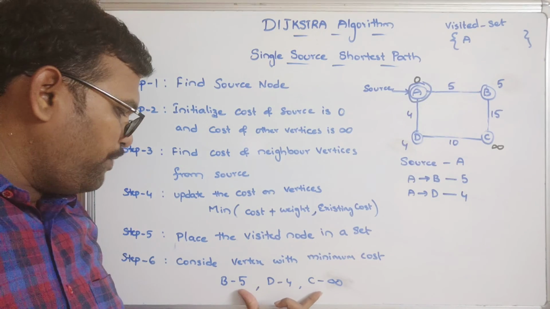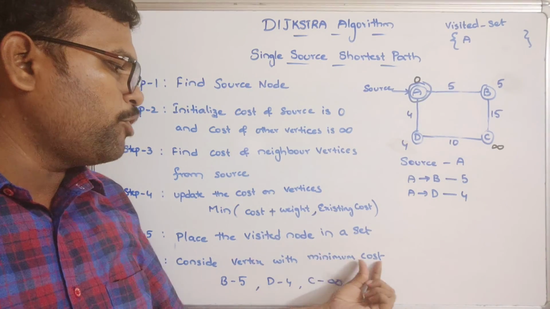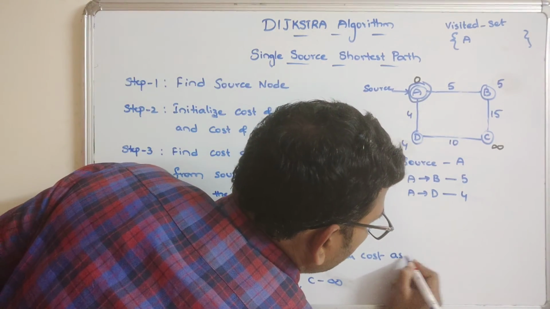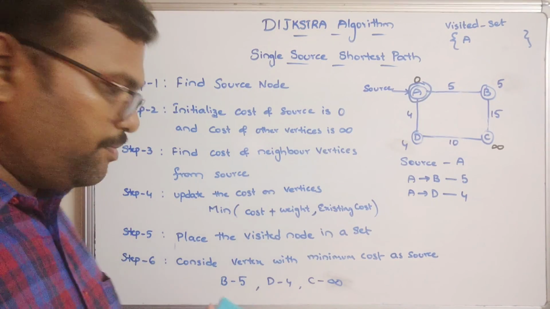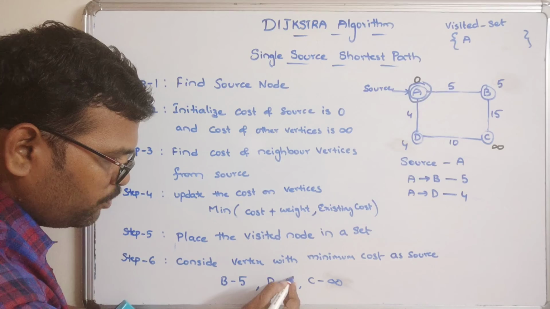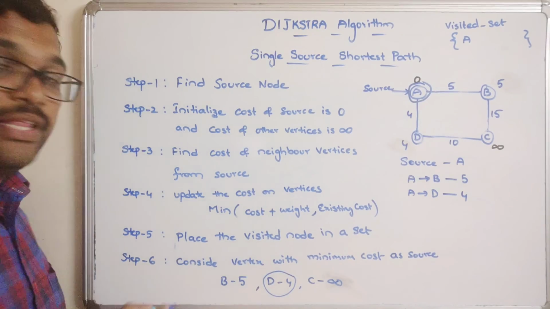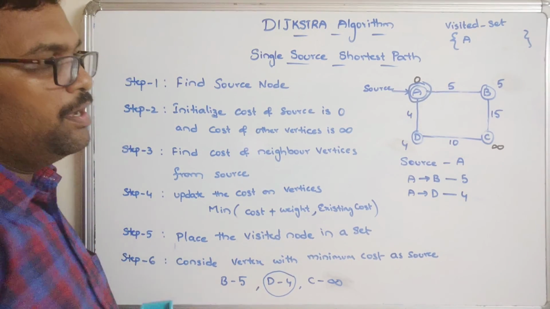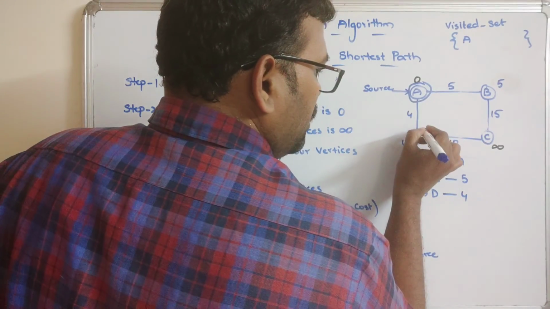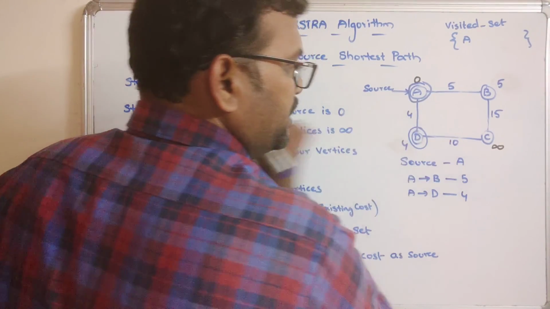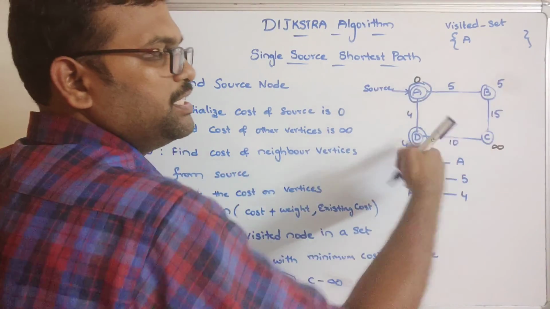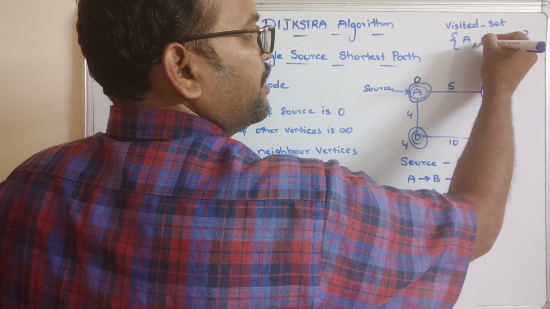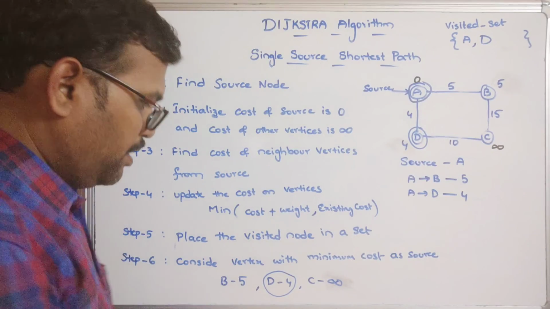Among these we have to find the minimum cost as the source. So we can simply say D with cost 4, which is the minimum. Now consider this one as visited, because this is the shortest cost among these three. So now add it here, A and D.